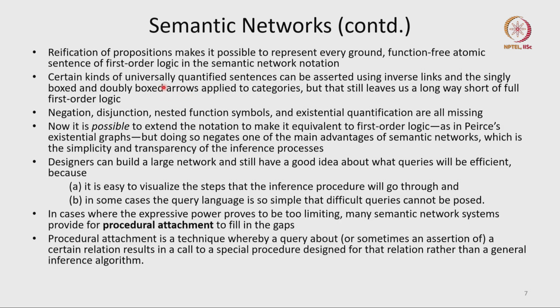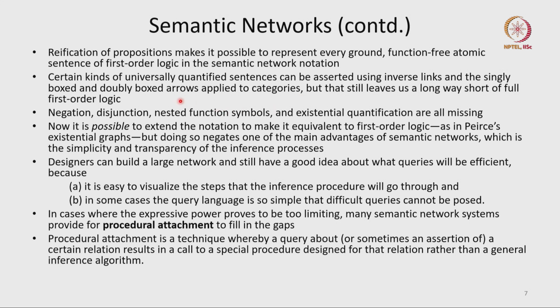They say that you can also use universally quantified sentences, we will see that later. And you can use singly boxed and double boxed arrows applied to categories. Obviously, that is because if some object belongs to that category, it has these characteristics.